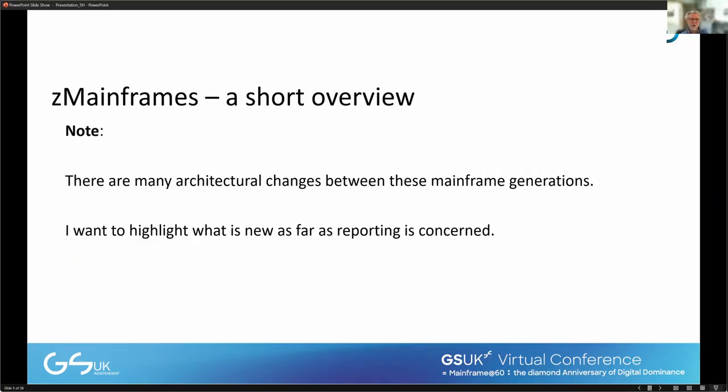And what I'd like to show you is just a very, very short overview of some of the mainframes I want to look at and the internal information that we can report on. I'm just letting you know that there are many architectural changes between these mainframe generations, and I'm really only focusing on the few items that I can look at in the RMF SMF data, okay?